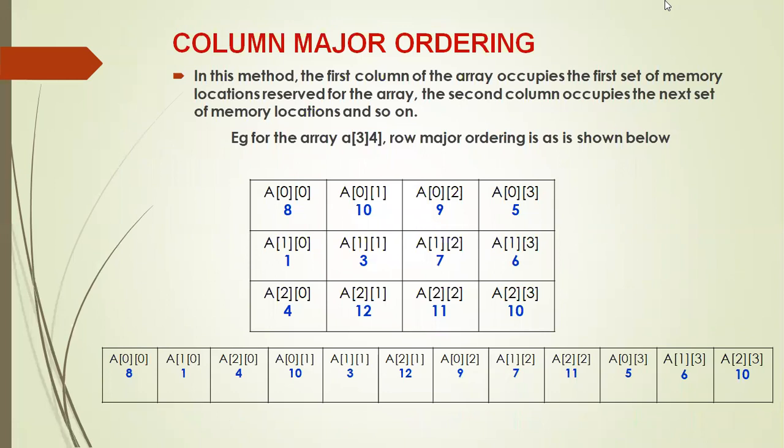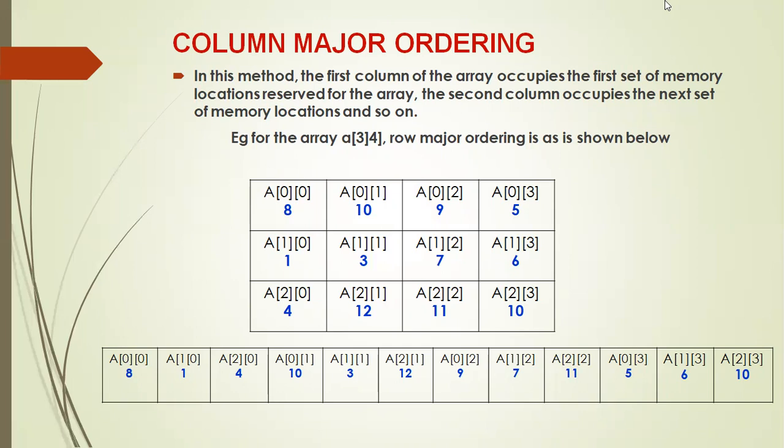The opposite approach for representing a 2D array is column major ordering. The difference between row major ordering and column major ordering is that the total number of locations remains the same in both. Here also, if the matrix is of order 3 cross 4, a 12-location 1-dimensional array is created.